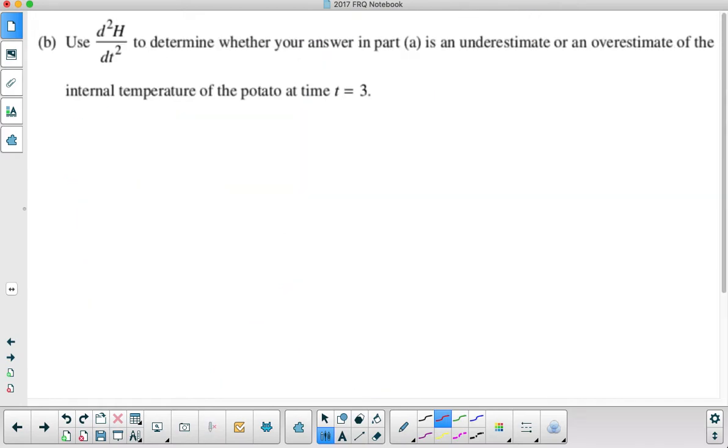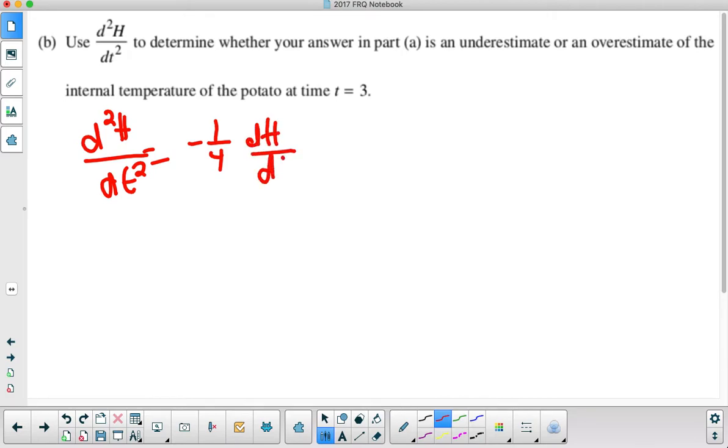Next, B. We are now trying to find the second derivative, okay? So d squared h over dt squared, that's just the notation for second derivative. So when we take the second derivative, we end up with negative 1/4 times the derivative of h with respect to t, which is just dh dt.